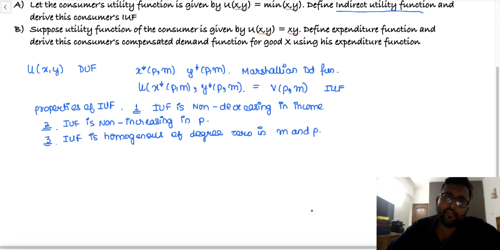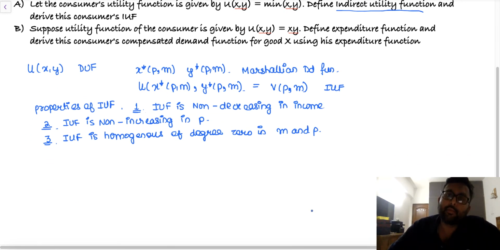So the indirect utility function is homogeneous of degree 0 in income and prices. So let's say if your income and prices, both of them double, then utility will remain the same at the same time. Again, not proving this, but just stating the fact. And one more thing, the indirect utility function is quasi-convex in prices.